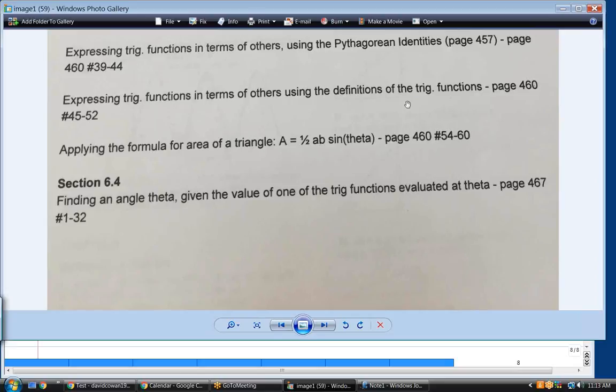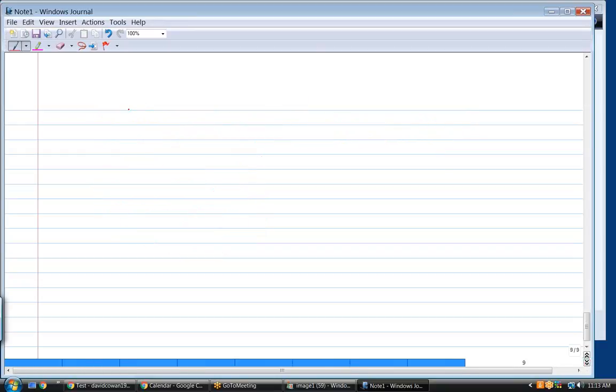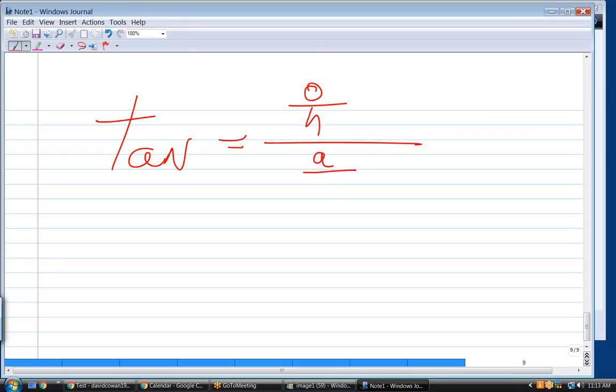I guess you'd be able to figure out that the tangent is equal to the sine over the cosine. In other words, I think this is what they mean. Tangent equals the sine, which is the opposite over the hypotenuse, over the cosine, which is the adjacent over the hypotenuse. Solve that fraction and you get adjacent over opposite.